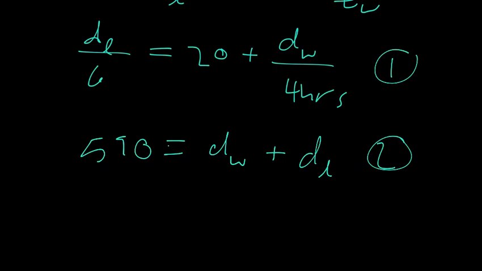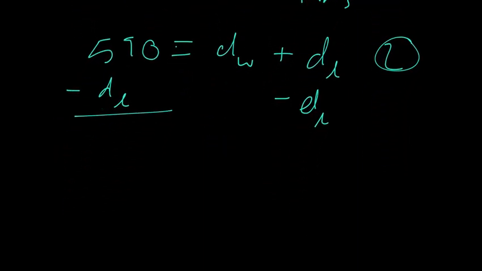Now we have 2 equations and 2 unknowns, so we can set up a system of equations. The way this is set up, we can use the substitution method relatively easily. I'm going to solve the second equation for d sub W by subtracting d sub L from both sides. We have 590 minus the distance traveled on the level road is equal to the distance traveled on the winding road.